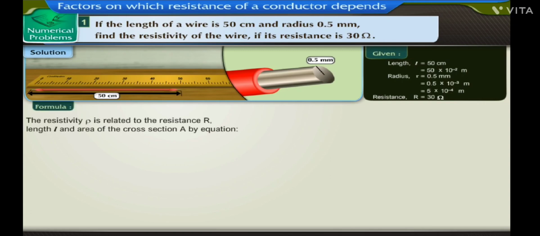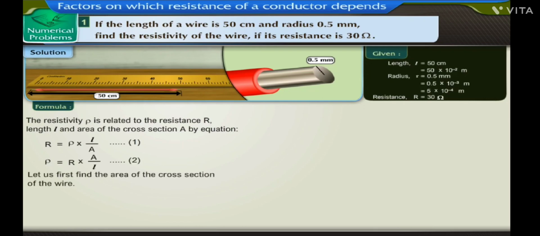The resistivity rho is related to the resistance R, length L, and area of cross-section A by the equation R is equal to rho multiplied by L upon A, 1. Rho is equal to R multiplied by A upon L, 2. Let us first find the area of cross-section of the wire. As the wire is cylindrical in shape, its area of cross-section is given as A is equal to pi r square.